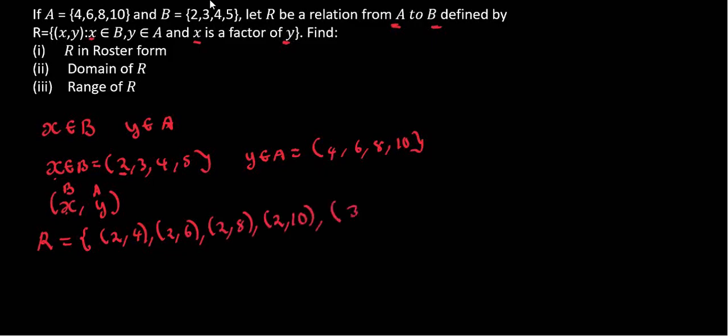Then 3 can enter into 6 without a remainder. How about 4? 4 can enter into 4, and 4 can enter into 8 without a remainder. Okay, how about 5? 5 can enter into 10 without a remainder.